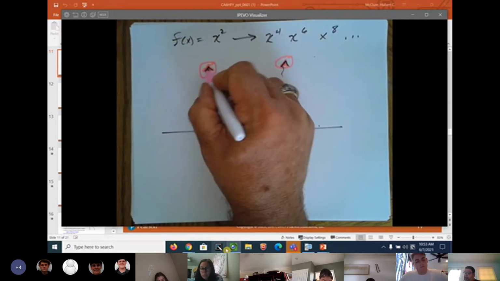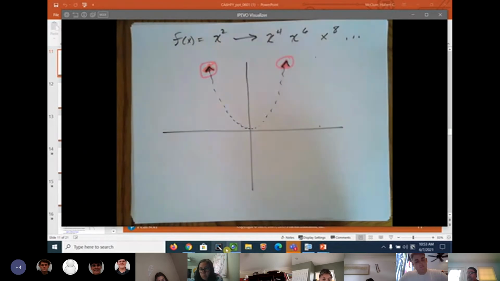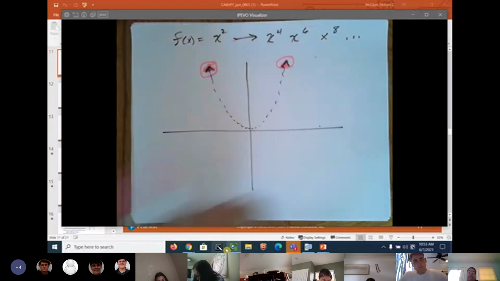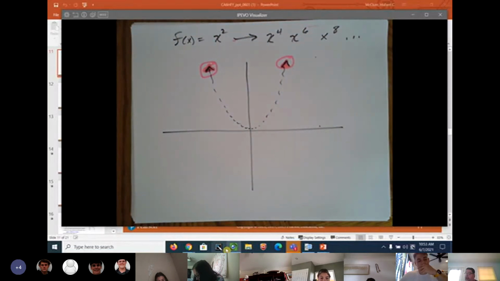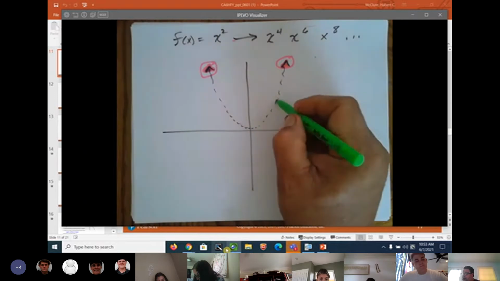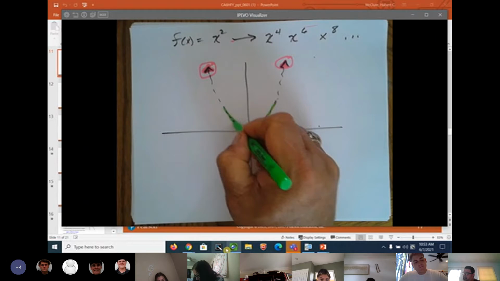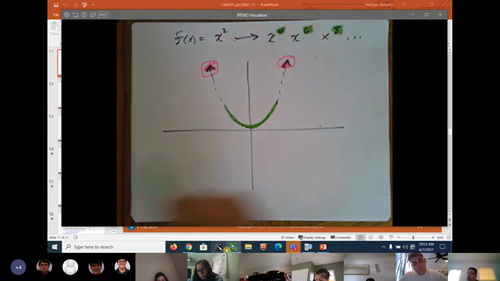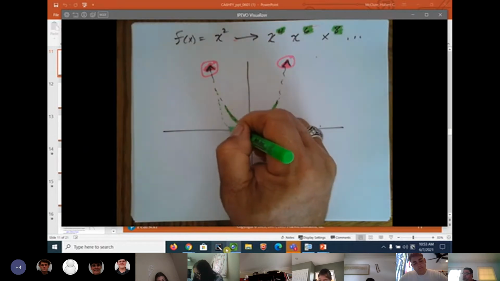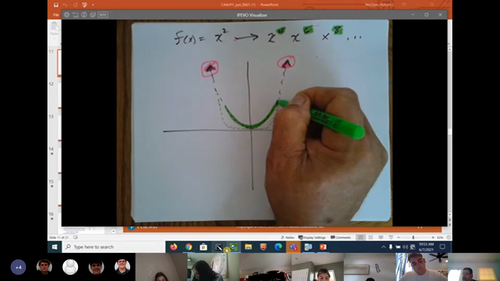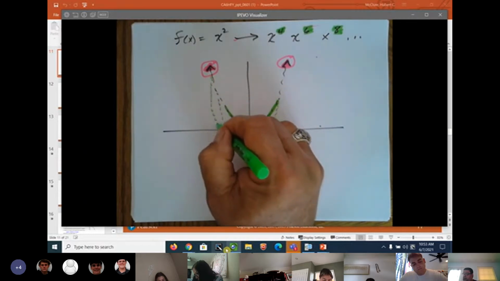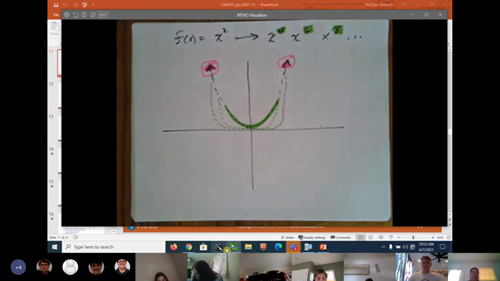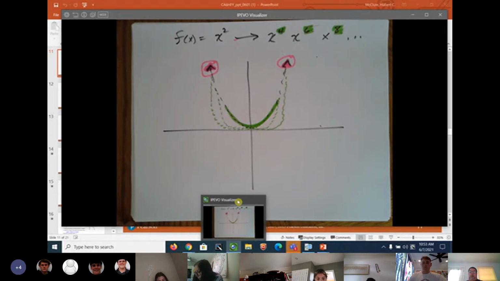Not opposite, but the same direction. So your ending behavior for an even function is going to be going in the same direction. And this is affected by how high your exponent goes. The higher it goes, the more squared off it becomes. Like that. Okay?